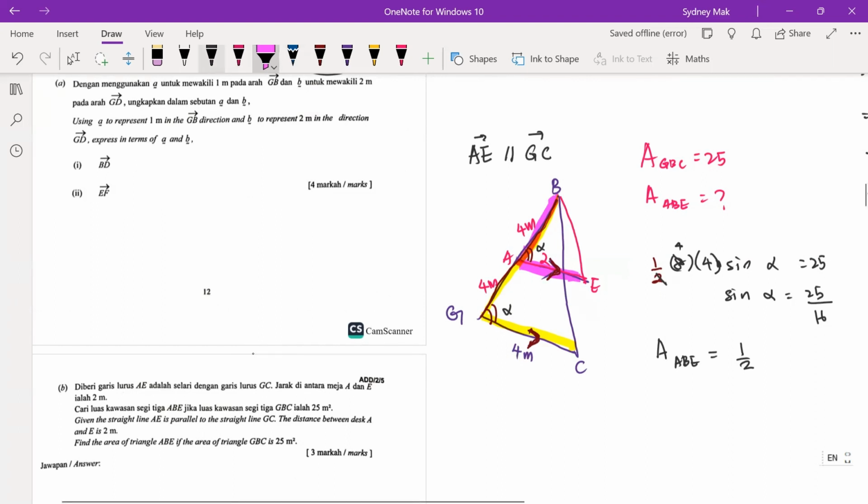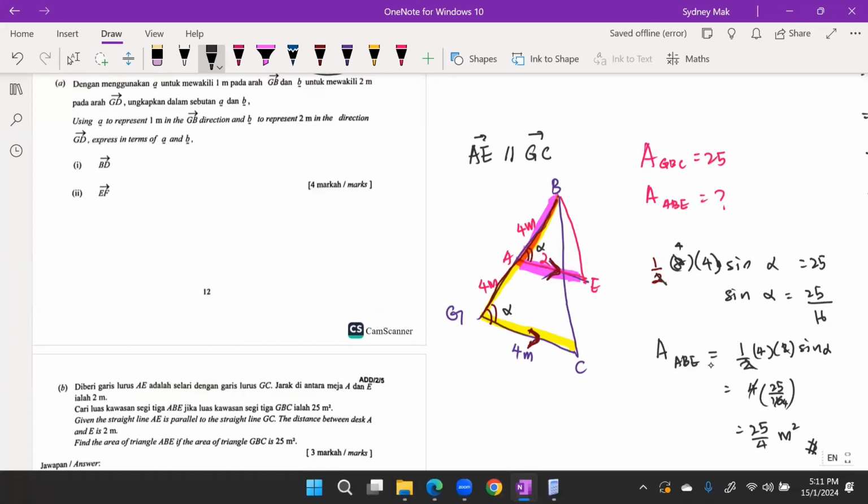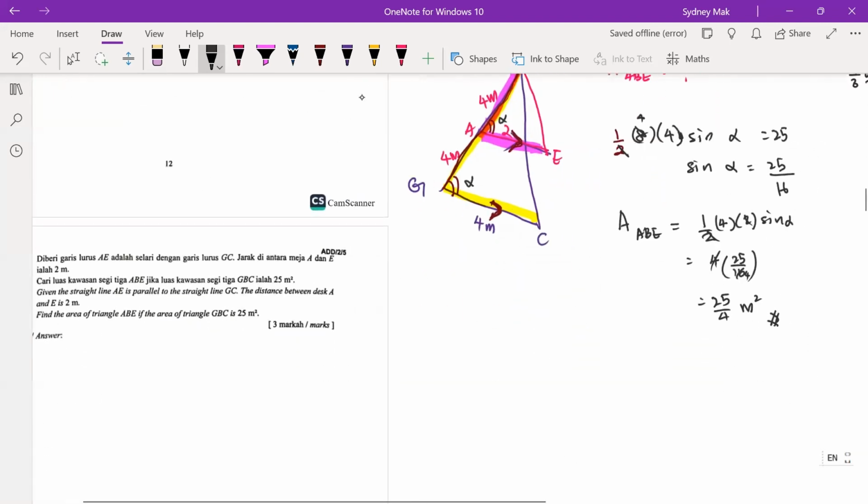Because we were given that it is 2 meter, and therefore our A is 4 meter, B is 2 meter, and our sine alpha is 25 over 16 as we have found above. So 4 times 25 over 16 simplified. So the answer is 25 over 4 meter square. That's it. Okay. That's all.